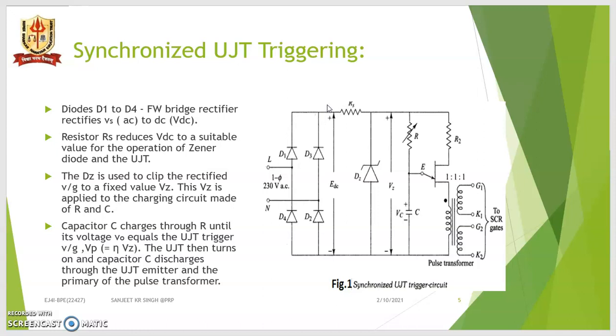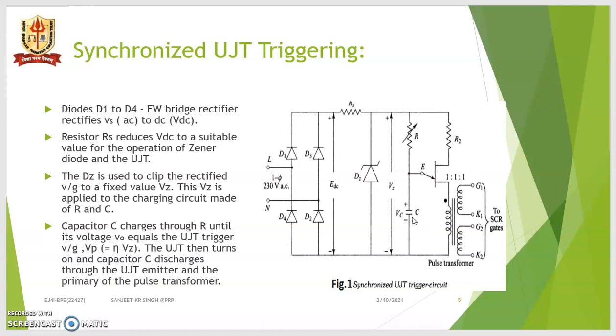Now to bring down the voltage, there is a voltage drop resistor connected in series, and here a Zener diode is connected to have a constant output across it that will be used for the RC of the UJT relaxation oscillator. Okay.